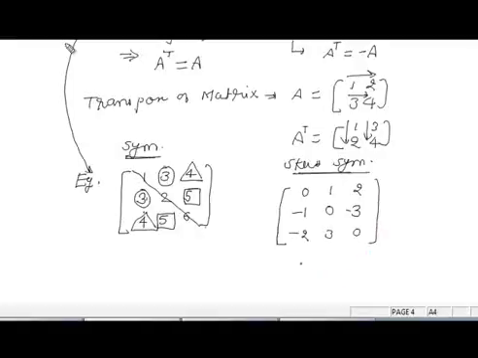Here one thing to note, all the principal diagonal elements of the skew symmetric matrix should be 0. This is the most important thing here. All the principal diagonals should be 0. And if you take the mirror image about this, then 1 is becoming minus 1 over here, 2 is becoming minus 2, and minus 3 is becoming 3. And that's what it says, Aij should be equal to minus Aji.